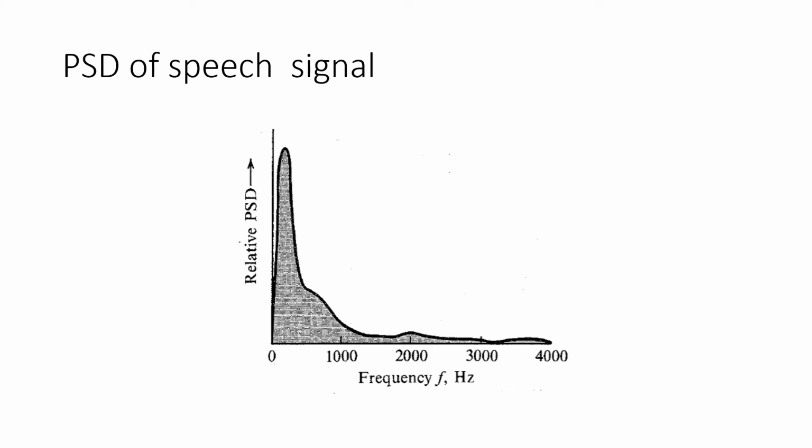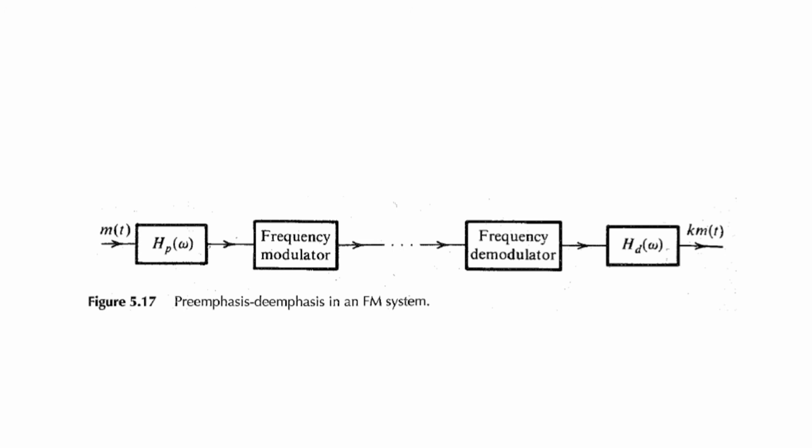The information signal frequencies above 2.1 kHz are boosted before the modulation, and that process is shown in this block diagram. In this block diagram we can see that the information signal, that is m(t), is provided to the pre-emphasis filter of transfer function Hp(ω).